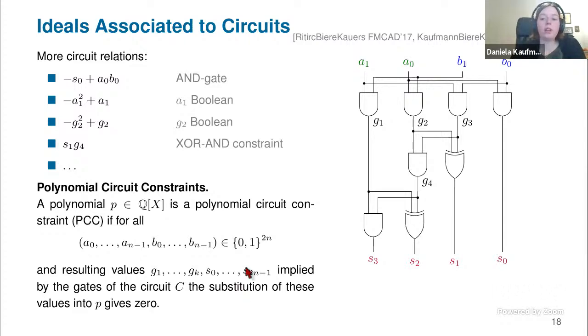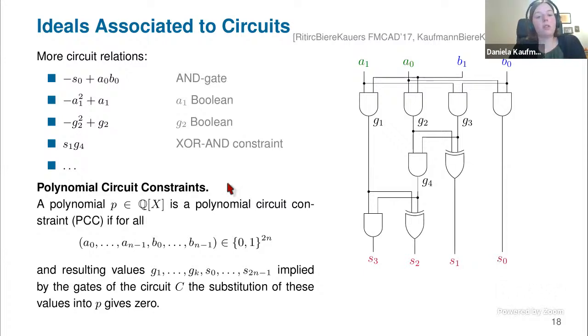So not only do we have here our gate constraints and the Boolean value constraints for the inputs, but in fact it also holds that the internal variables are all of the Boolean domain, or we can find other constraints which always are equal to 0, namely, for example, this XOR AND constraint, which says that the output of an AND gate and an XOR gate, which both receive the same inputs, can never be both 1 at the same time.